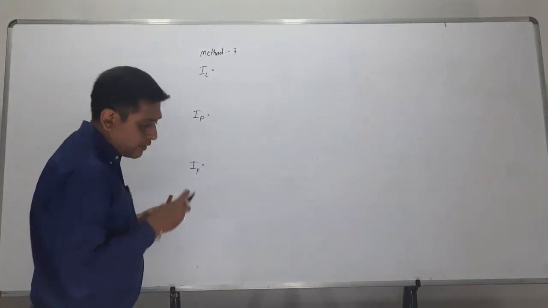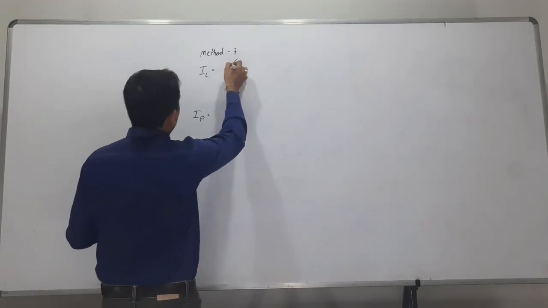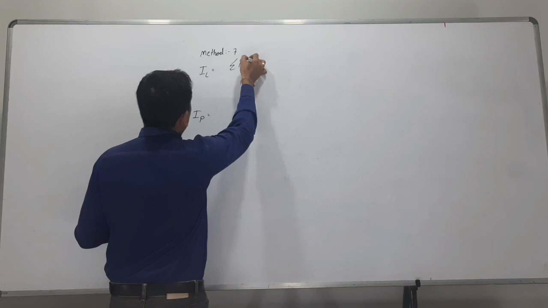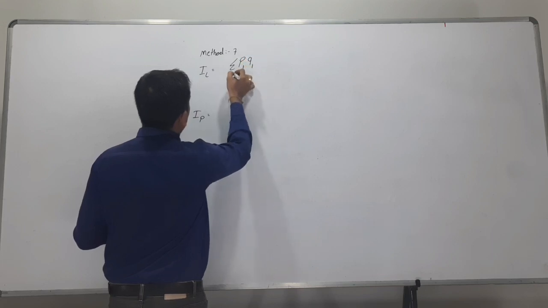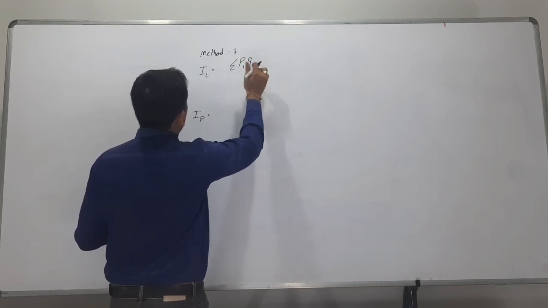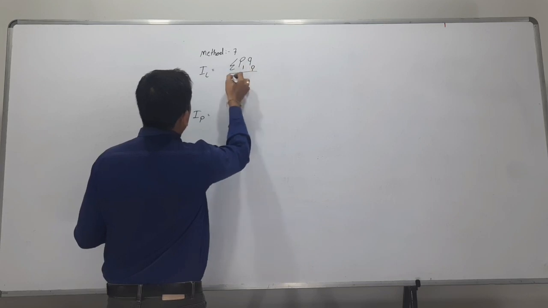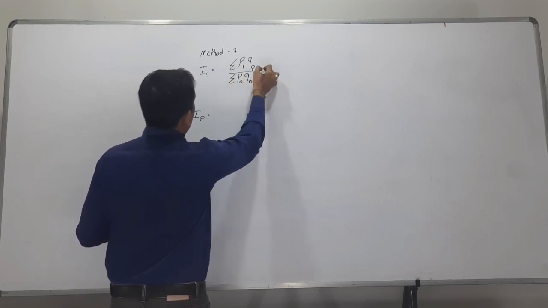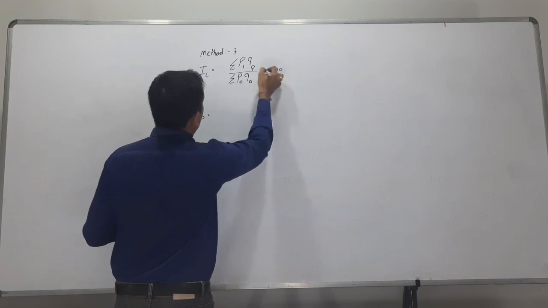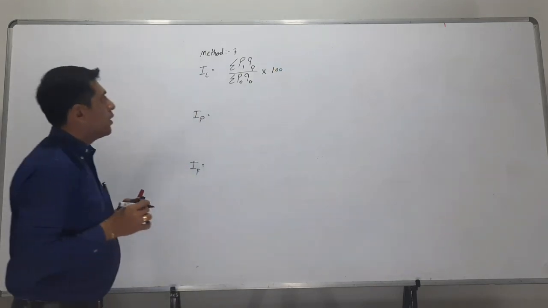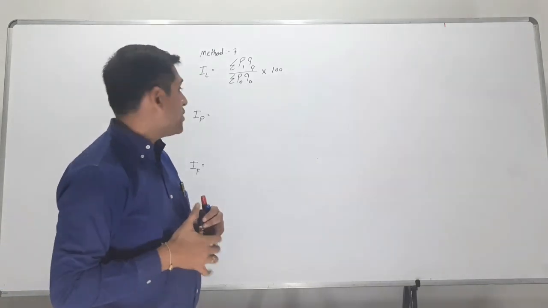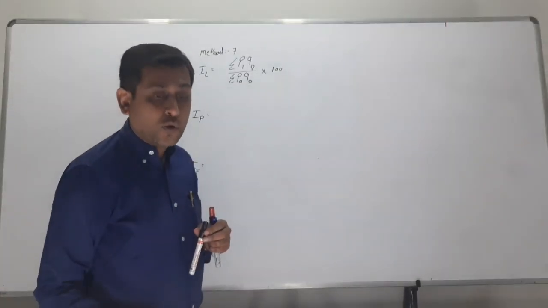That one is IL is equal to sigma P1 Q0 upon sigma P0 Q0 into 100.